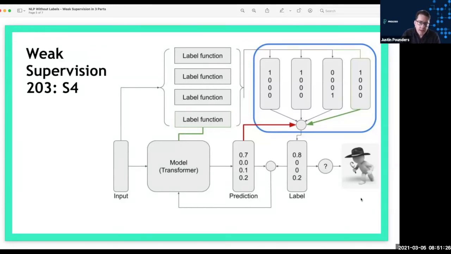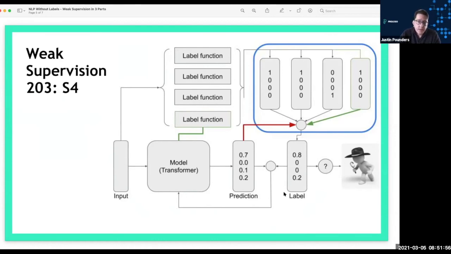Now, if we include active learning, which this paper S4 or self-supervised self-supervision did, active learning is an automatic way to identify the samples that are most in need of human review. The active learning will identify the samples, the sentences from all of our inputs that most need a second look. And the way it does this is simply by looking at the confidence in the prediction.